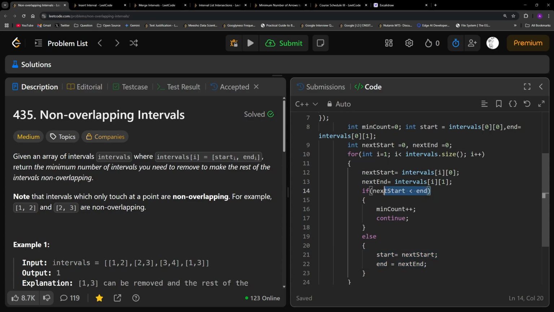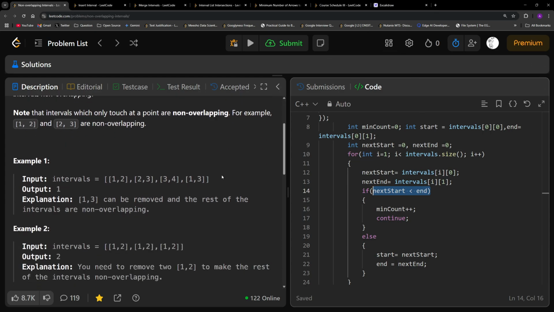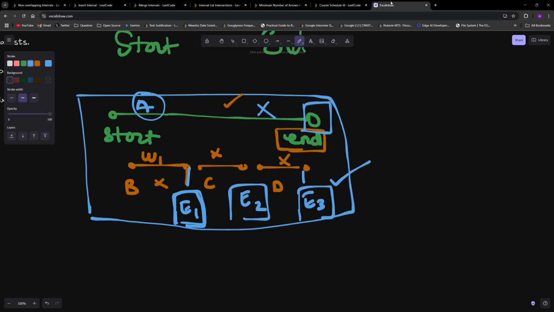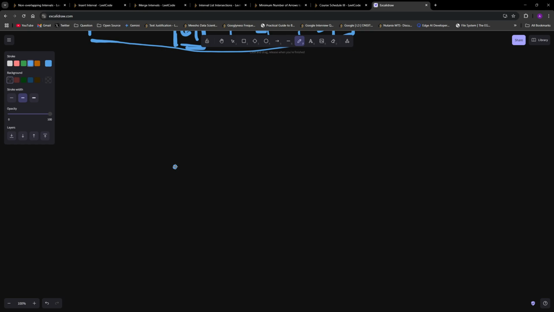Now the only thing you need to understand is the next start problem. So try to understand it over here. The meeting room is only overlapping based on this category. I will put it like this. Let's say this is the current start and this is the current end, and let's say there is a new candidate who has arrived here.